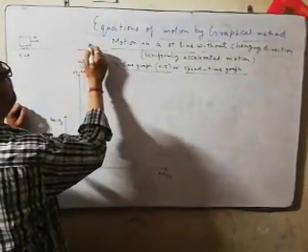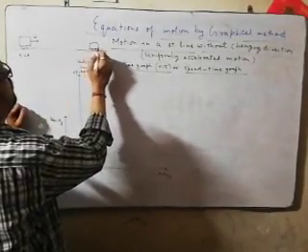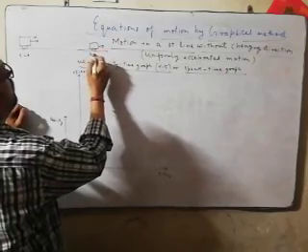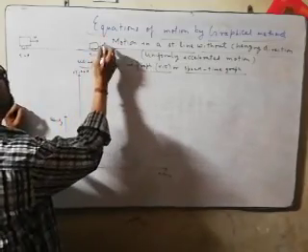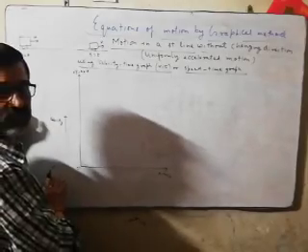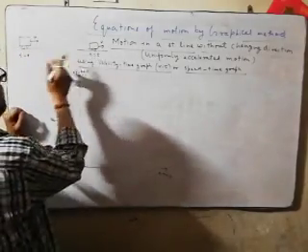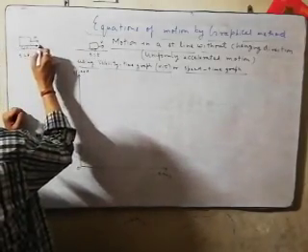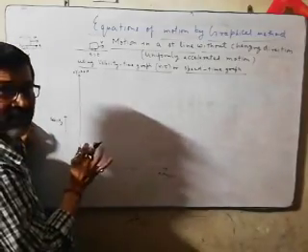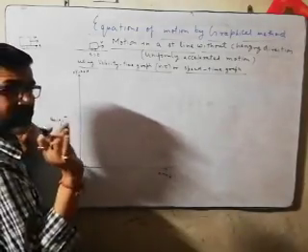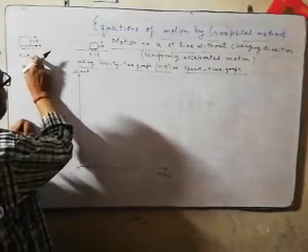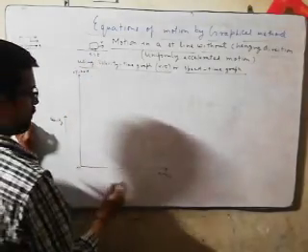And after some time t, velocity became v. So how does this change take place? Due to acceleration, a.